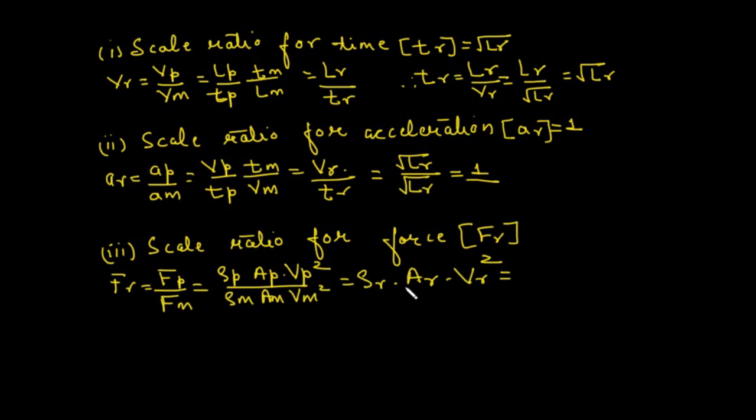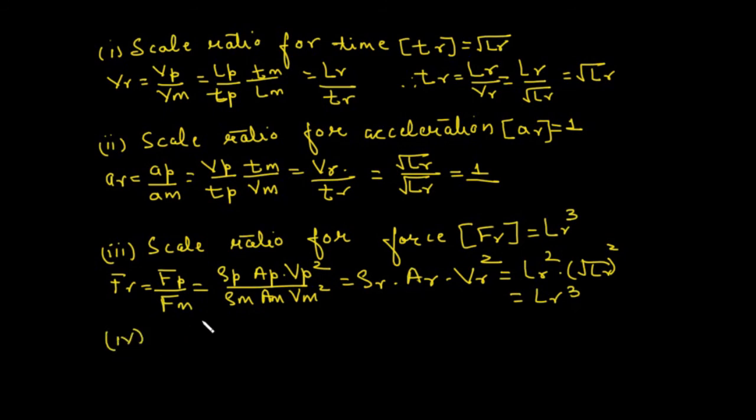Suppose rho in the prototype and model are the same, then rho r will become 1. Ar is nothing but square of Lr, and Vr square means root of Lr squared, so that is equal to Lr cube. Therefore, the force ratio will be equal to cube of Lr.